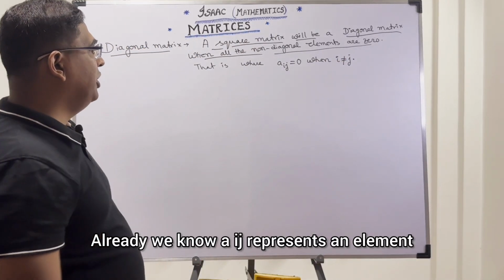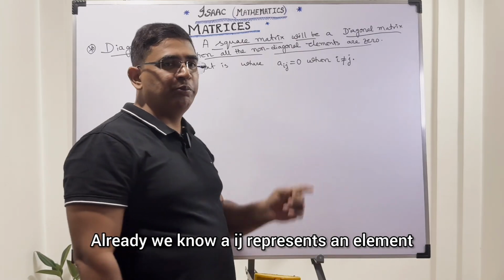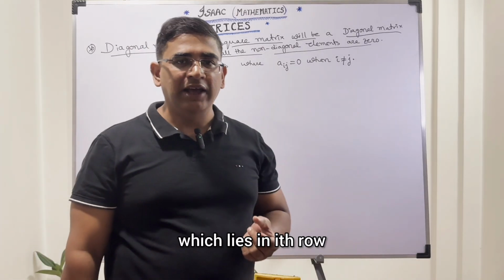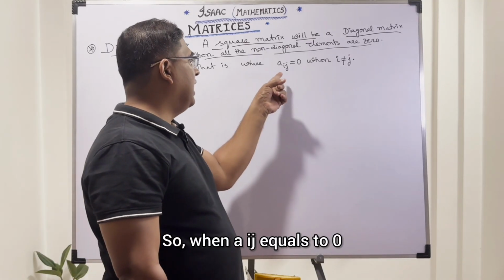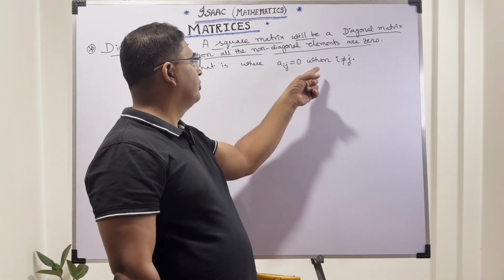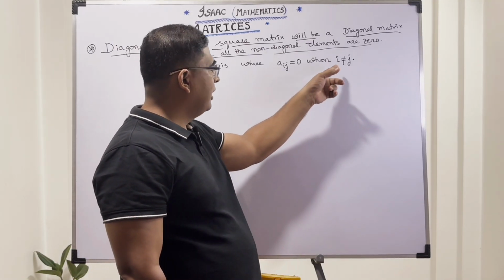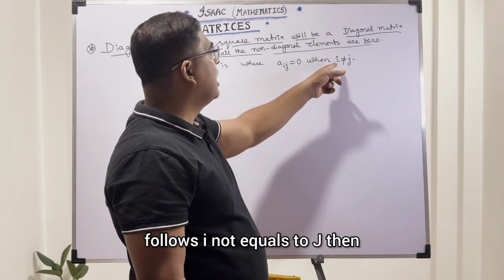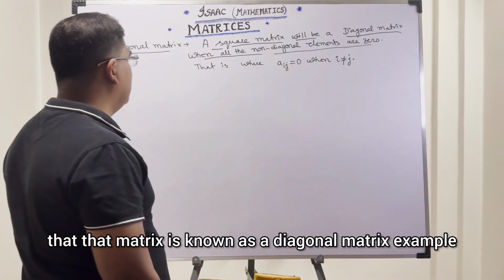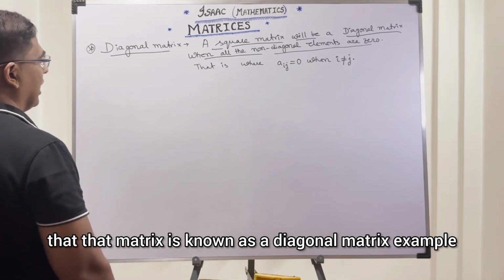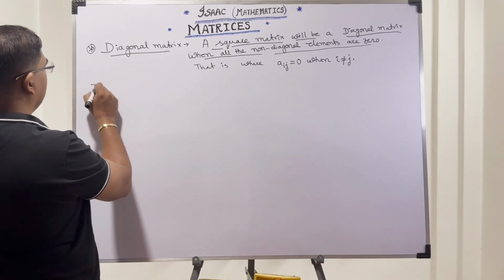Okay, already we know Aij represents an element which lies in ith row and jth column. So when Aij equals 0 for i not equal to j, then that matrix is known as a diagonal matrix. Example.